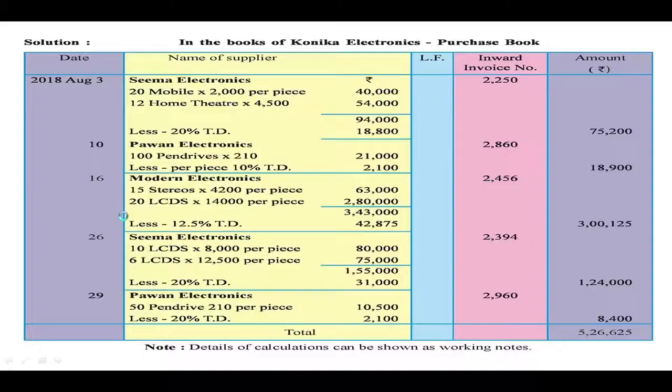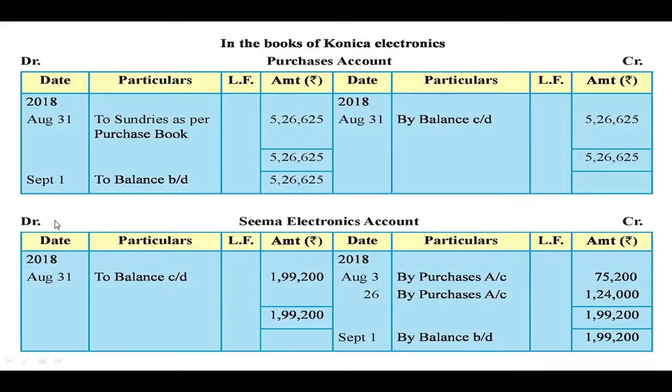One is on the 3rd August and the net value of that transaction is 75,200, and the second is on 26th August and the net value of that transaction is rupees 1,24,000. So these two amounts we have to record on the credit side of Seema Electronics.